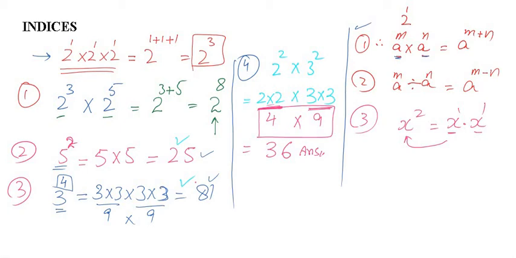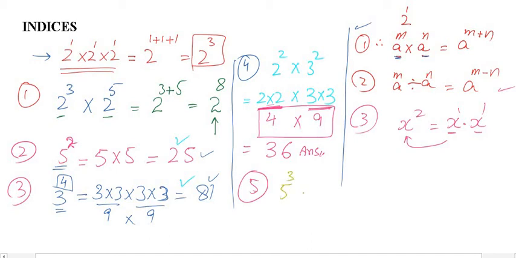Now let's apply the second rule in another example: 5 power 3 divided by 5 power 1, or 5, which is the same thing.